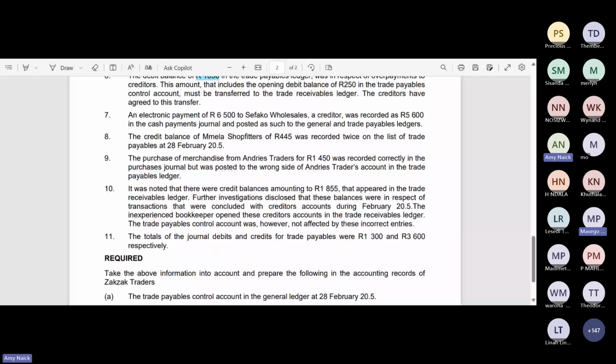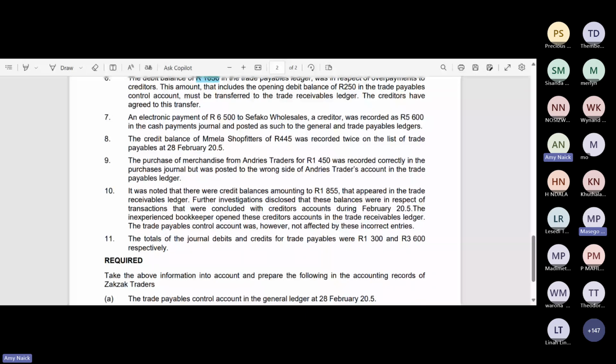I just have a question pertaining to overpayment. If the amount was overpaid to the creditor, shouldn't it be debited on the trade payables because they need to repay us that overstated amount? What's that 1,030?